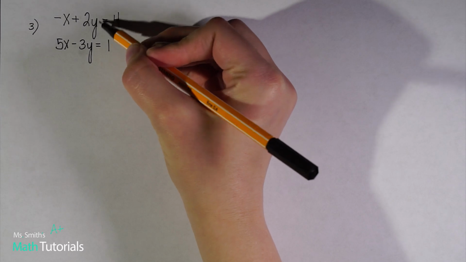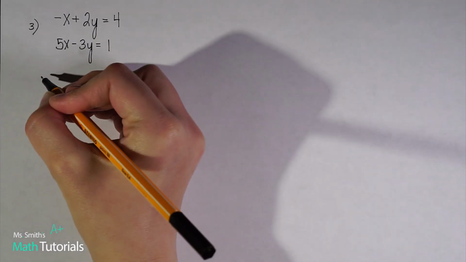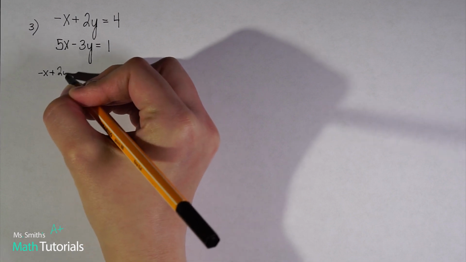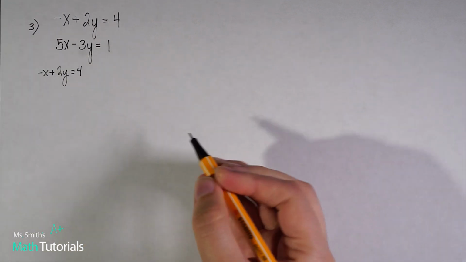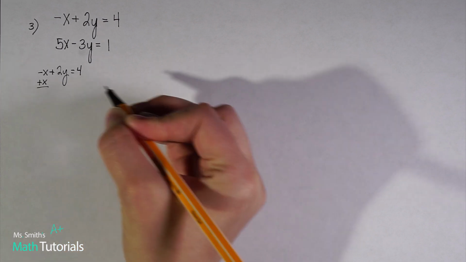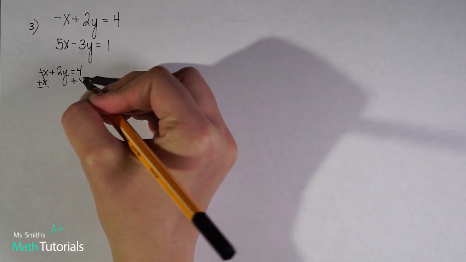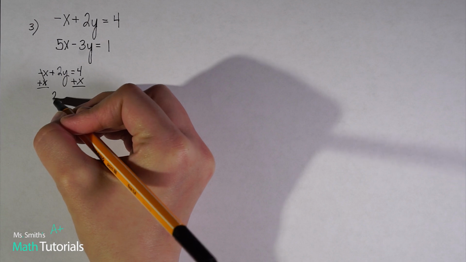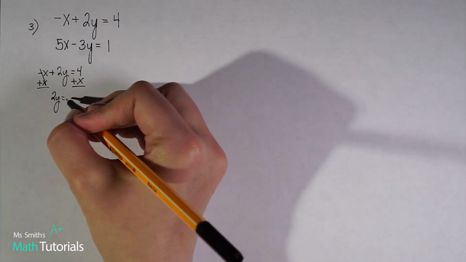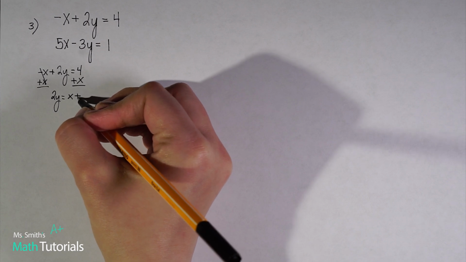Okay, so I want to get this y alone. I'm going to rewrite this equation right here: -x plus 2y equals 4. All right, so I'm going to start by adding this x to both sides. Bring down my 2y equals, I can't combine those two, but I can rewrite them in standard form.